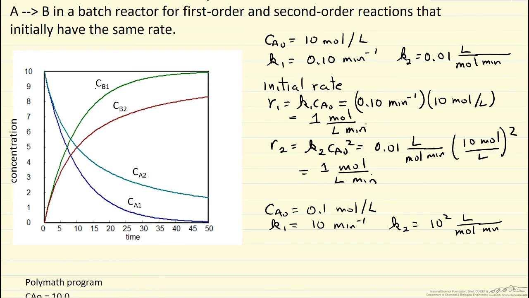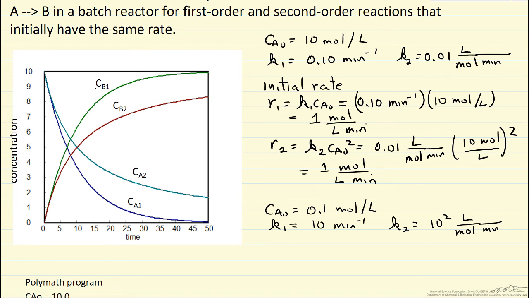So keep in mind, k's have different units. I can't compare their numerical values, but if I use these conditions, I see the exact same behavior, the only difference being that the concentration scale here goes from 0 to 0.1. But again, the first order reaction makes product at a faster rate. We have a higher conversion for a given time.